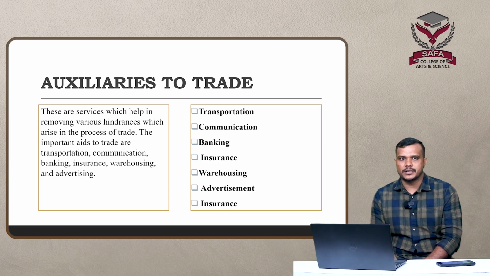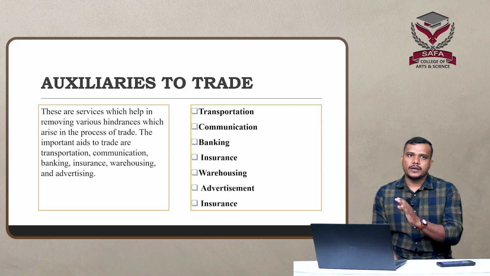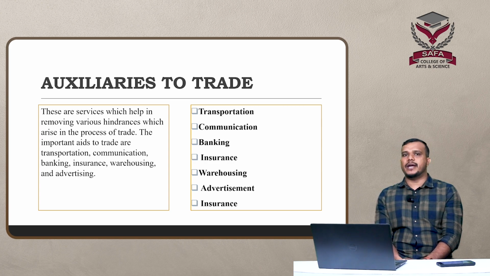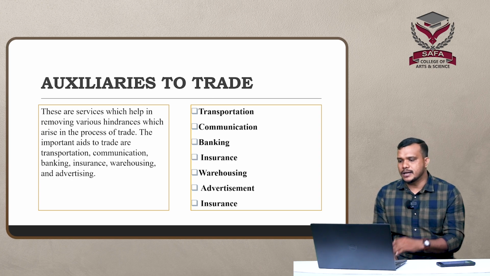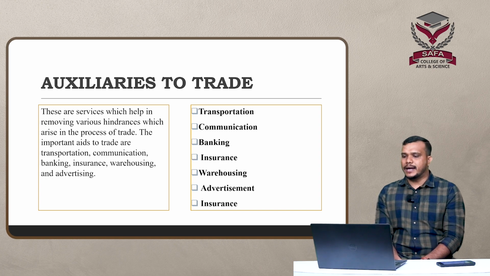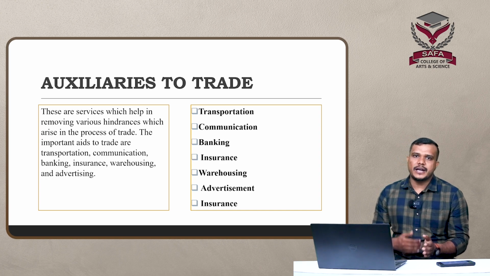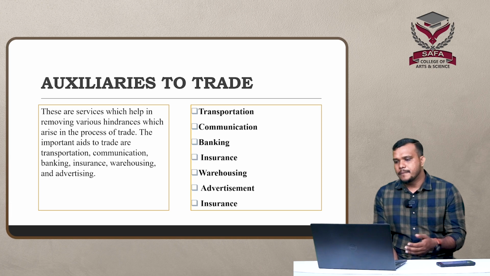First one, transportation. Transportation helps the movement of goods from one place to another. Second one, communication. Communication helps the buyer and seller to communicate. Next one, banking. Banking helps with the financial needs of the producer.